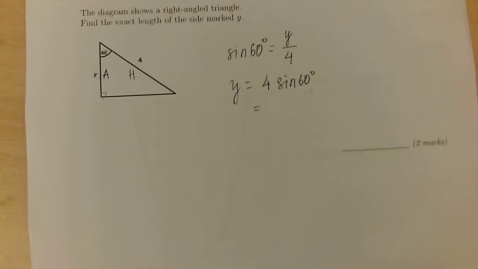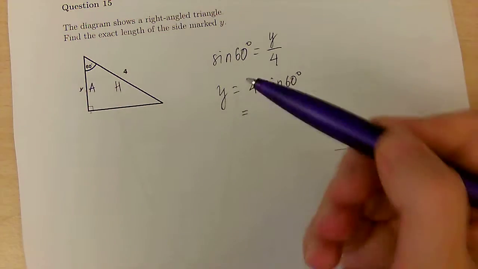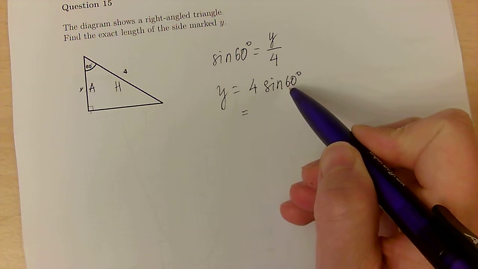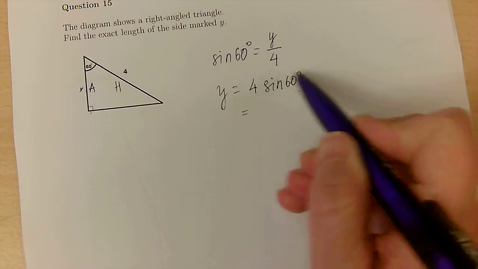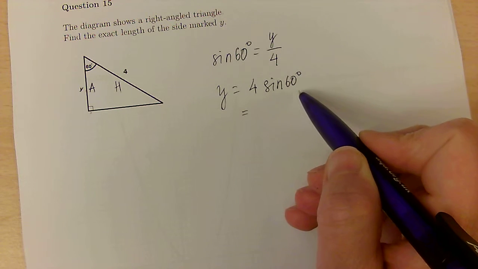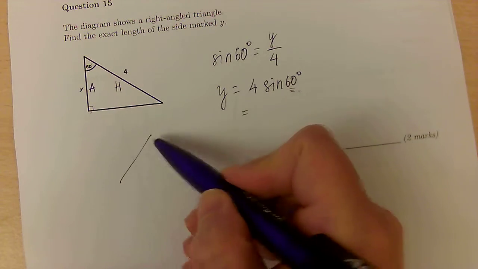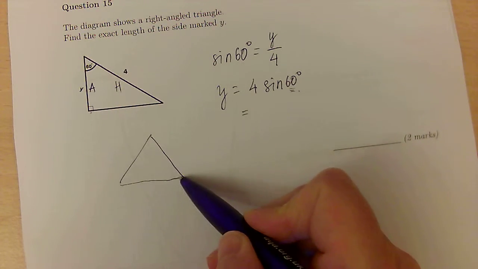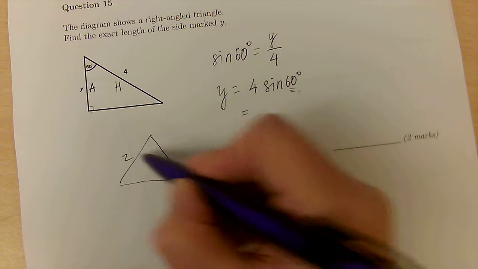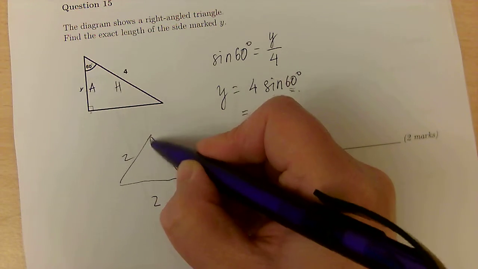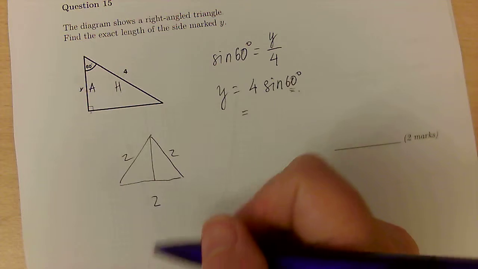For those of you who keep forgetting how to find it, remember how we've got sine, cos and tangent of 60 degrees. 60 degrees concerns equilateral triangles, right? So you draw an equilateral triangle where each side will be 2, and then you drop a perpendicular height.